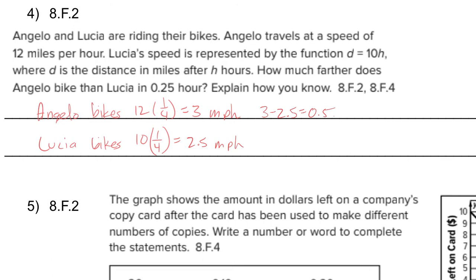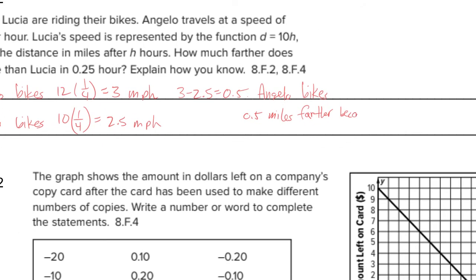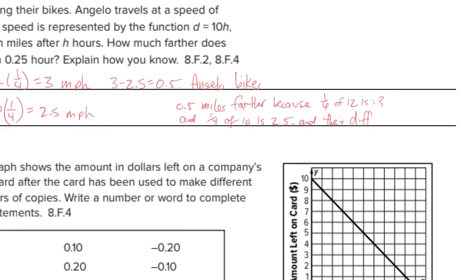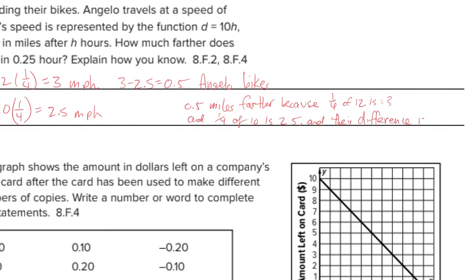So Angelo bikes 0.5 miles farther, because 1/4 of 12 is 3, and 1/4 of 10 is 2.5, and their difference is 0.5 miles. Yeah, something like that.